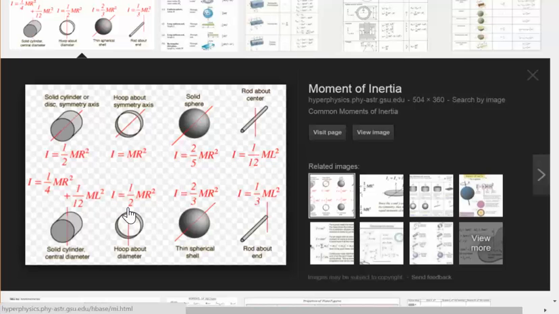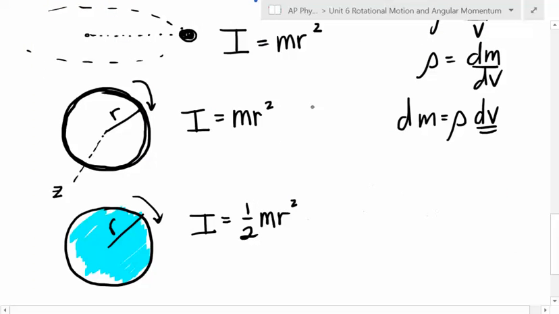When you're looking at the moment of inertia, we also need to think about what the unit is. And this is where it gets weird. The idea of moment of inertia being a factor of how the mass is distributed begins to make sense as you watch the disc versus the hoop, as you watch different things spin.